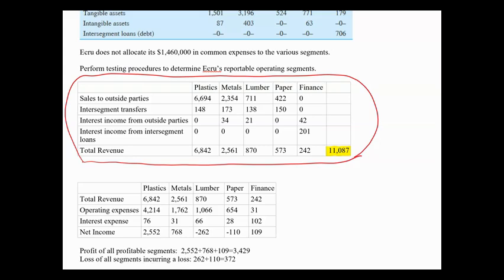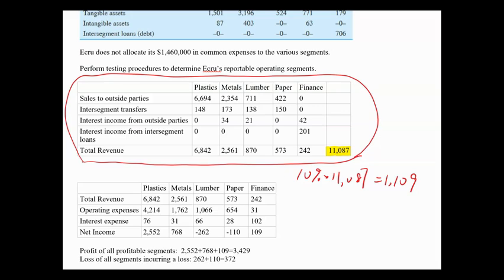The threshold is 10% of the total revenue, and it equals around 1,109. Any segment that has a total revenue larger than this amount is reportable.